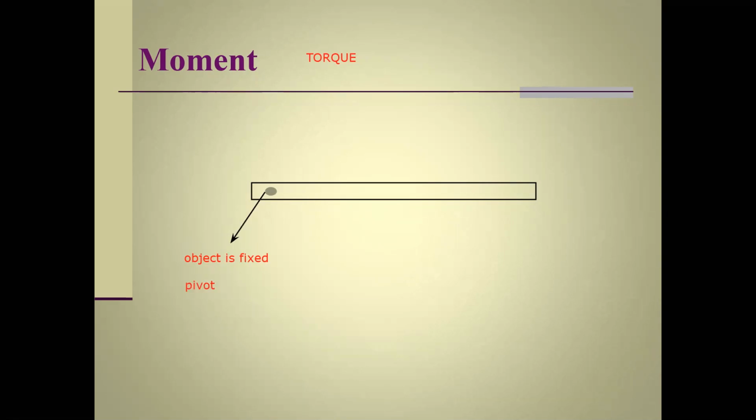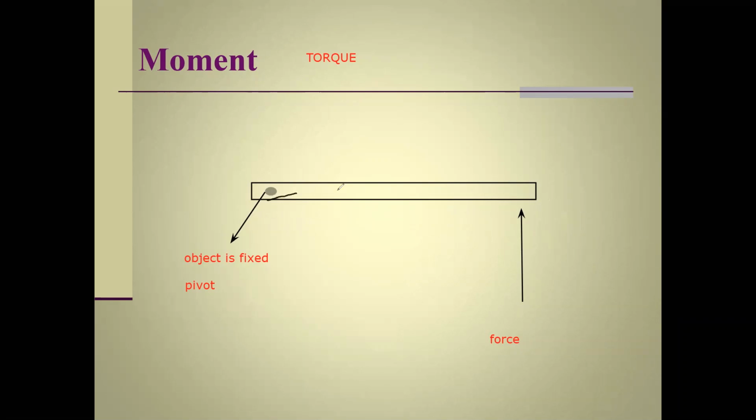And if we apply a force on this object, for example an upward force, what will I observe when I apply an upward force to an object which is fixed from one end? The observation is that the object will change its position.